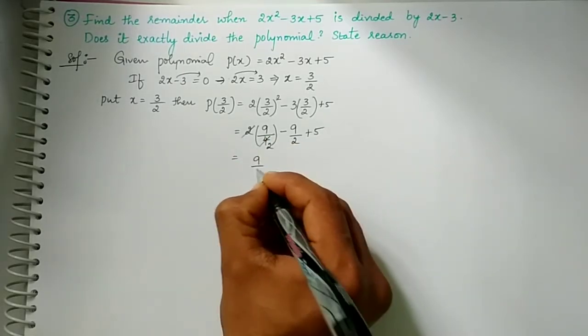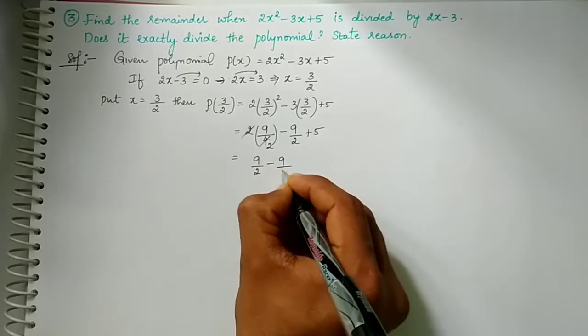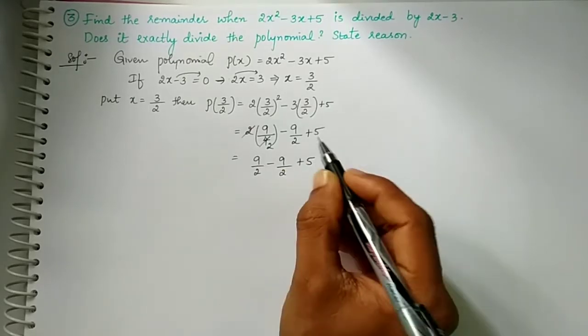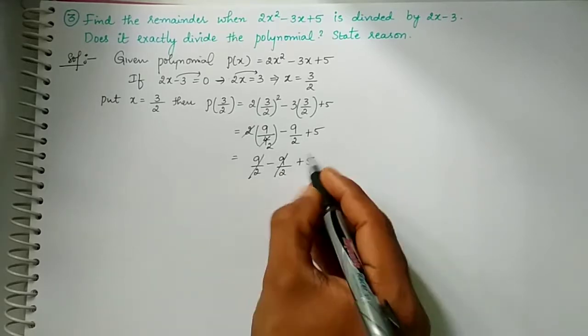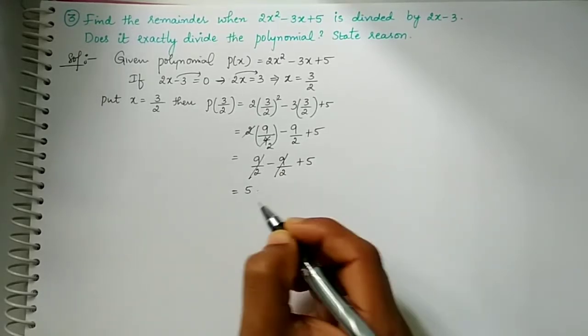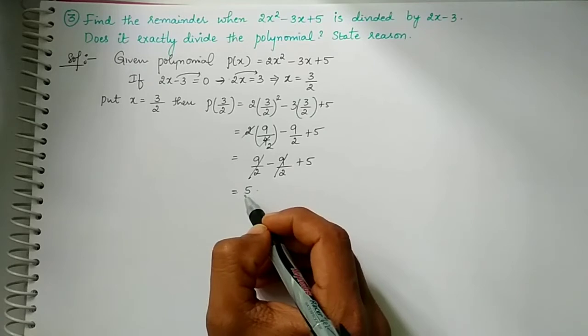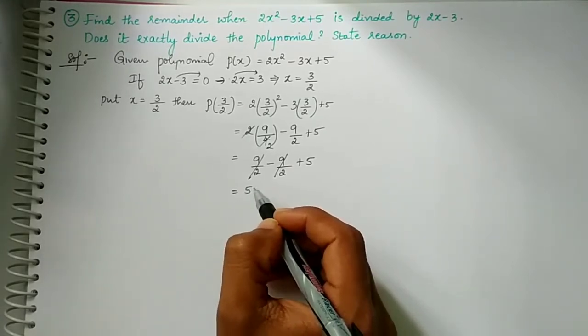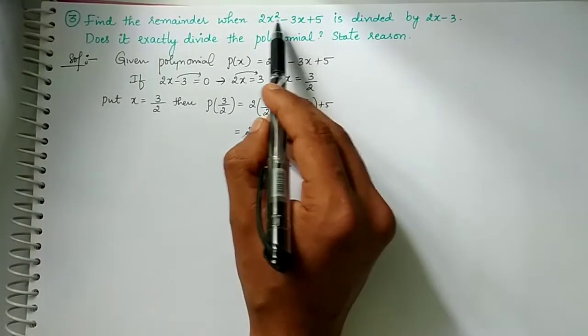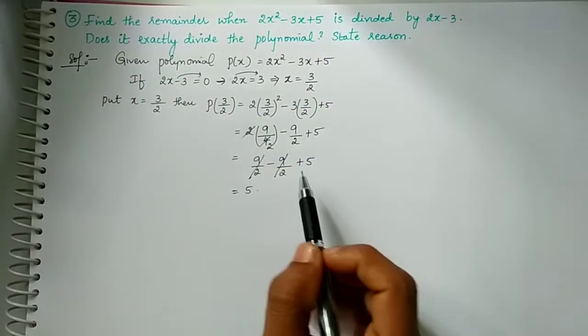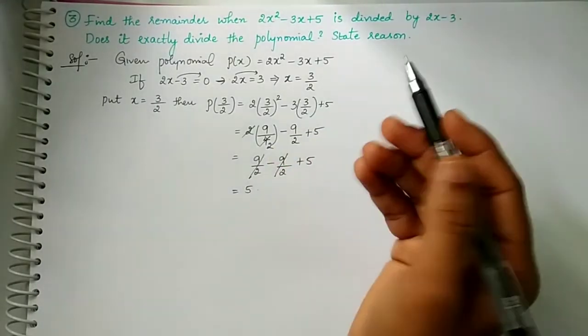What is left? 9 by 2 minus 9 by 2 plus 5. So plus 9 by 2 and minus 9 by 2 get cancelled, and what is left is 5. So the remainder is 5. As the remainder is 5, we say that 2x minus 3 is not a factor of p of x.